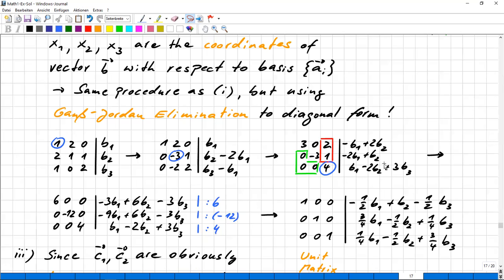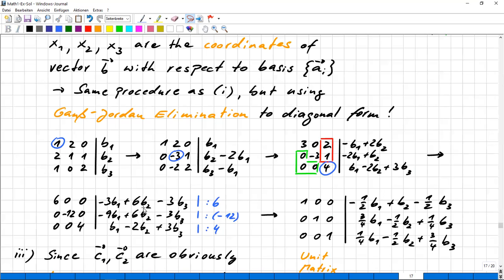And that's why we get 6b2 again. Then no b3 here, but subtracting 3b3 also results to minus 3b3 in the second row. Here, minus 3b3. So that's it.